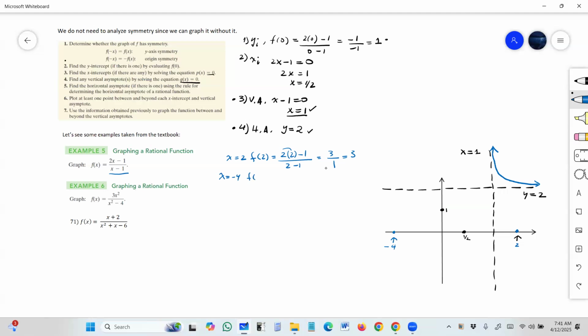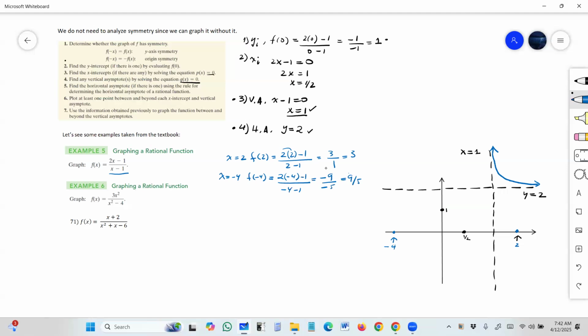So I'm going to do f of -4. So this is numerator -8 minus 1, -9. And -4 minus 1, -5. So this is positive 9/5.